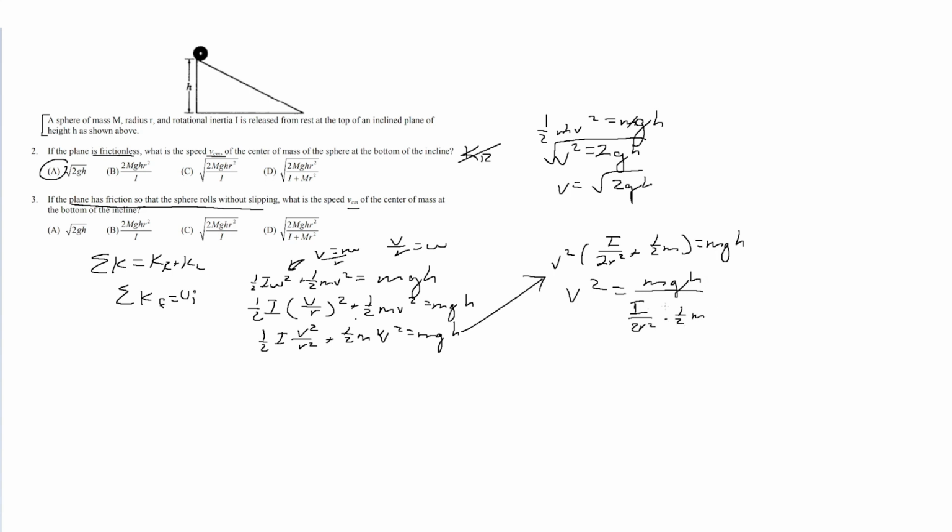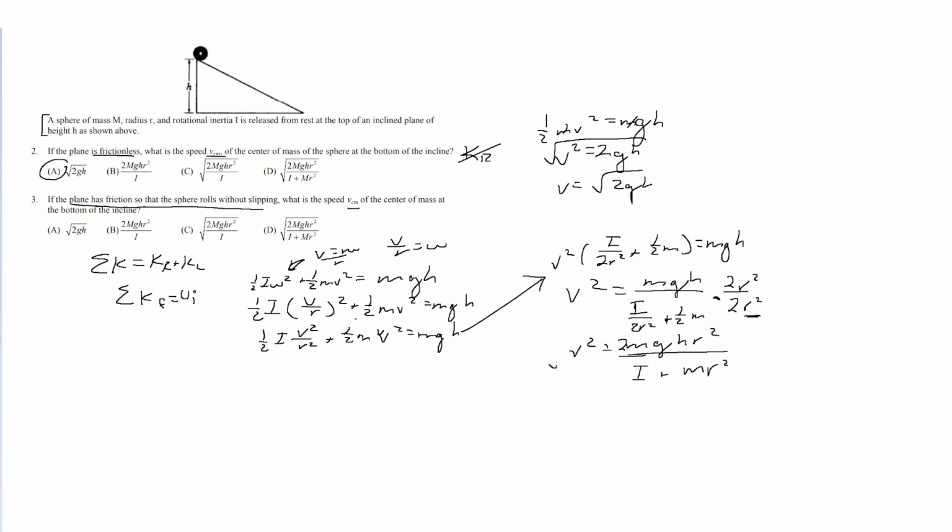We don't want our answer to look like this, so let's multiply both sides by 2 to get rid of that 1/2, and also multiply by r squared. So we'll have v squared equals 2mgh r squared over I plus mr squared, because we're multiplying by an r squared.